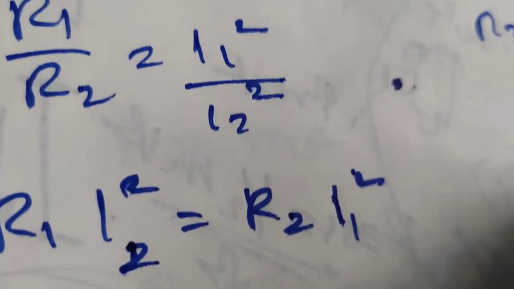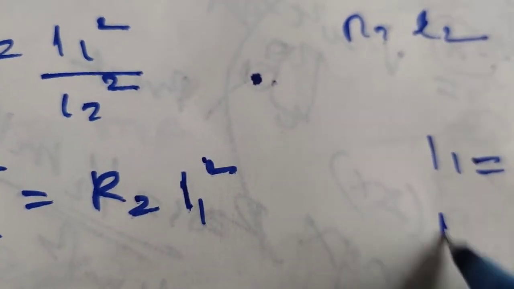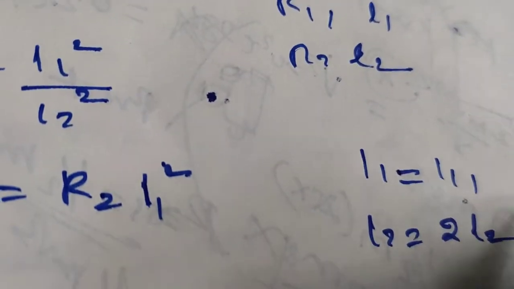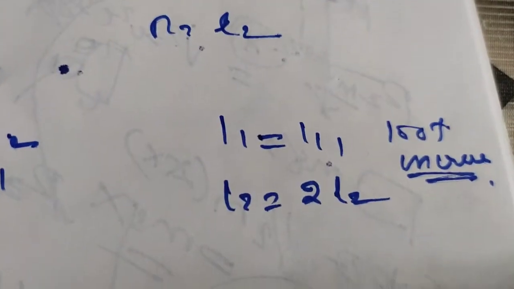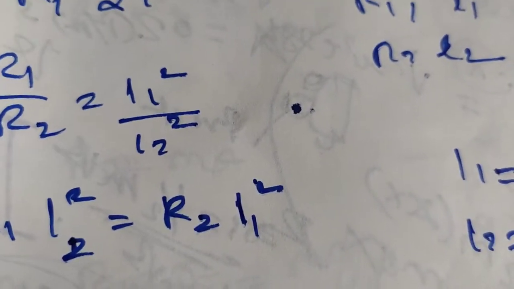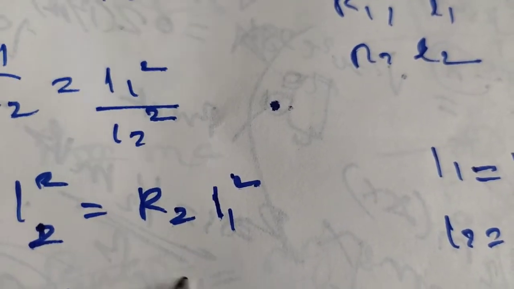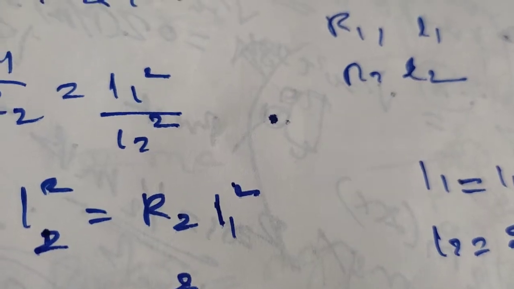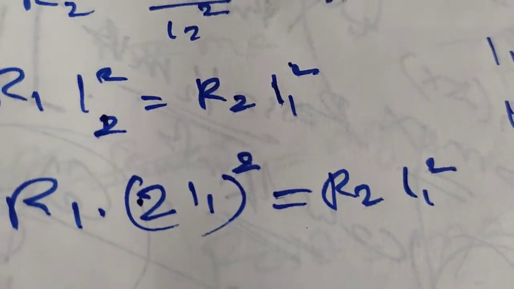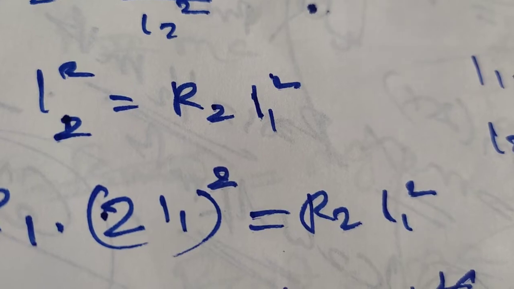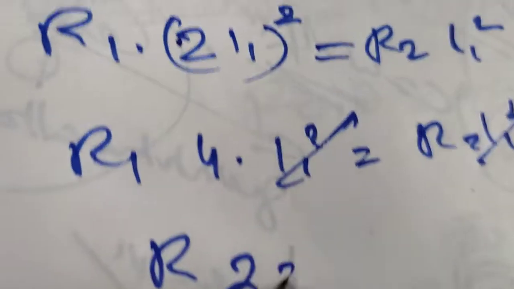Now we know L2 becomes 2 times L1, a 100% increase. So R1 into (2 L1) squared is equal to R2 into L1 squared, so R1 into 4 L1 squared equals R2 L1 squared, which cancels out. R2 becomes 4 times R1.